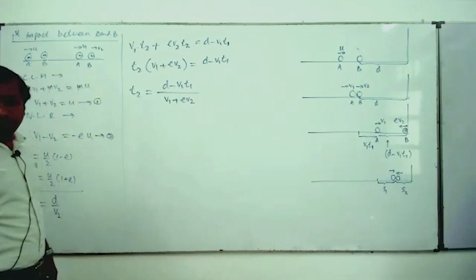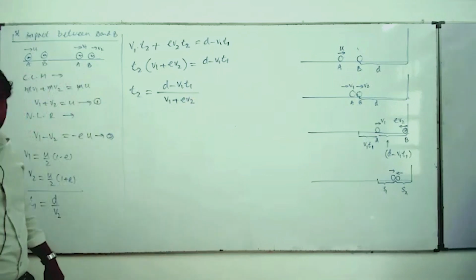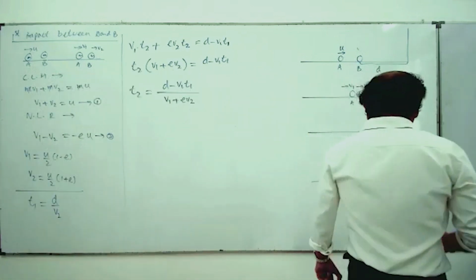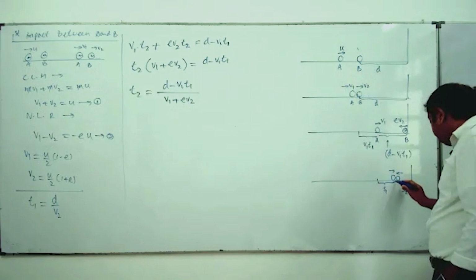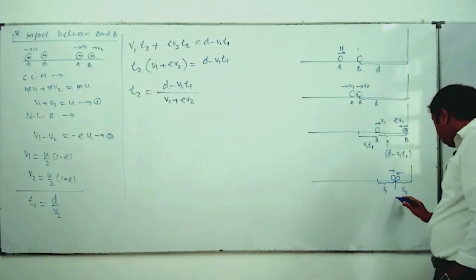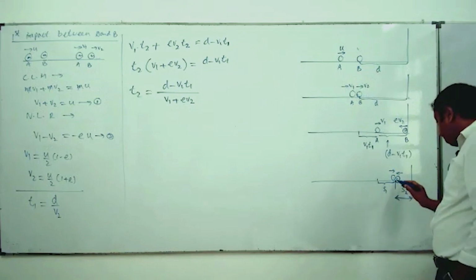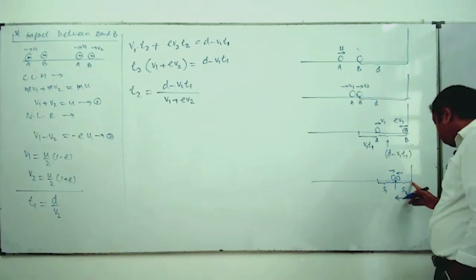Now, what is being asked there? For the point of the second collision, the distance from the wall is being asked. This is the point where the second collision takes place. So for that position, the distance from the wall: during the time interval T2, the displacement traveled by the particle B away from the wall.